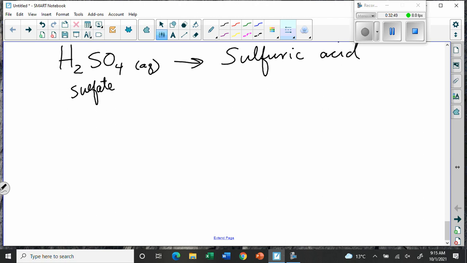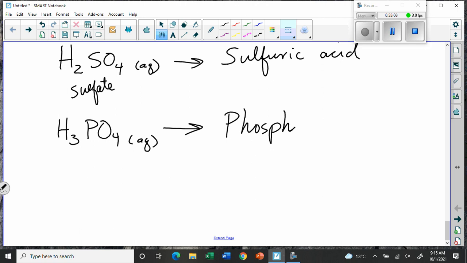Another common one is this one, H3PO4. With a little AQ, so we show that we dissolve it in water, so it can release those H's and make hydroniums, and of course this would be called phosphoric, from phosphate. That's the phosphate.